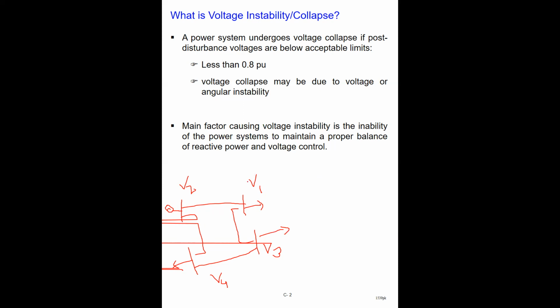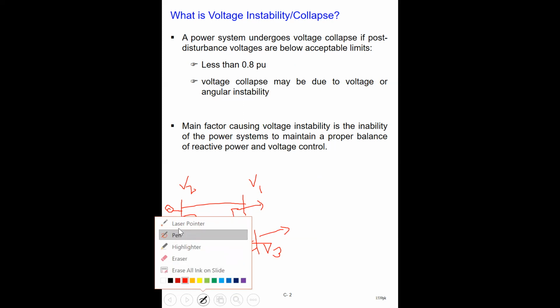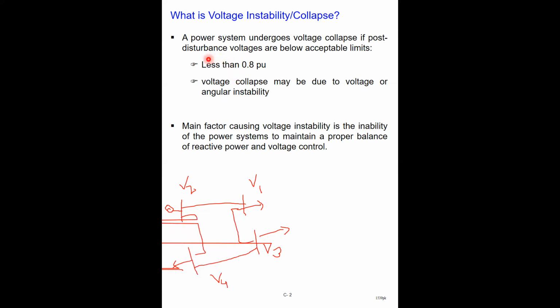Now if the voltages at these buses reduce beyond the acceptable limits, then voltage instability will arise. Although here it is said beyond 0.8 per unit, normally we have it in the range of 0.9 or 0.95 per unit. So that could result in voltage instability.